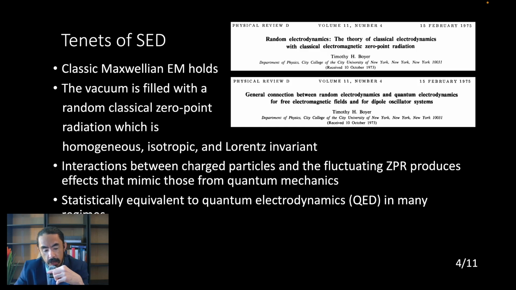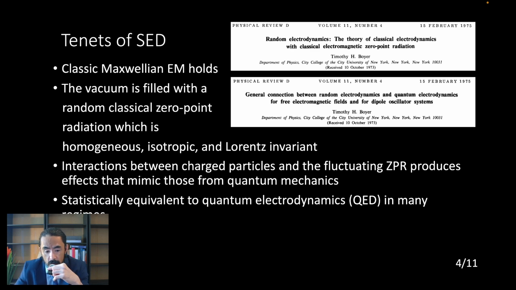I feel like it helps for the background of everything to have some quick bullet points on tenets of stochastic electrodynamics. This framework was established by Timothy H. Boyer, a professor at the City College of New York City. He's been there since the 70s.